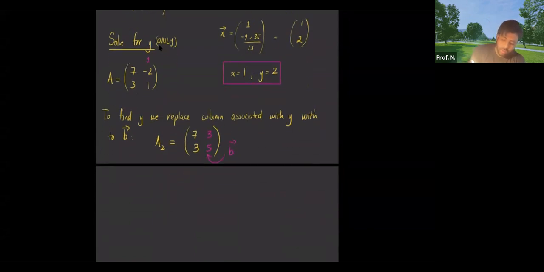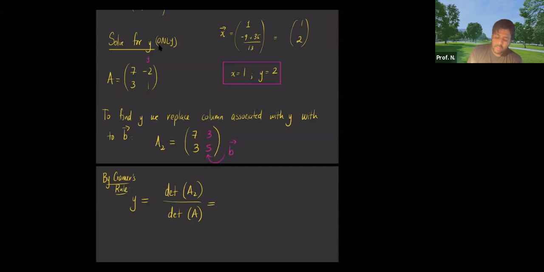And so what is y going to be? y is equal to the determinant of A2 divided by the determinant of the original matrix A. This is Cramer's rule.